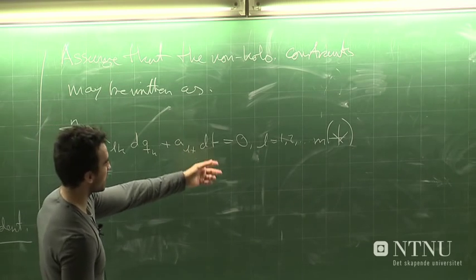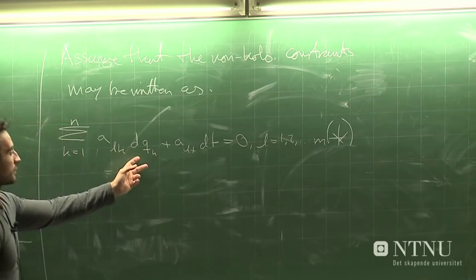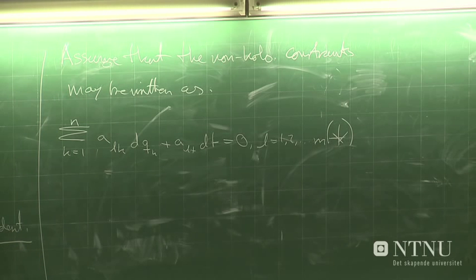Okay, so we get rid of this one. This is a constant, and then you have the derivatives of qk with respect to time. So this is a function of several q dots, which is equal to 0. Whereas the holonomic constraint required a function of only the q's, or the r's, only the coordinates, not their time derivatives.